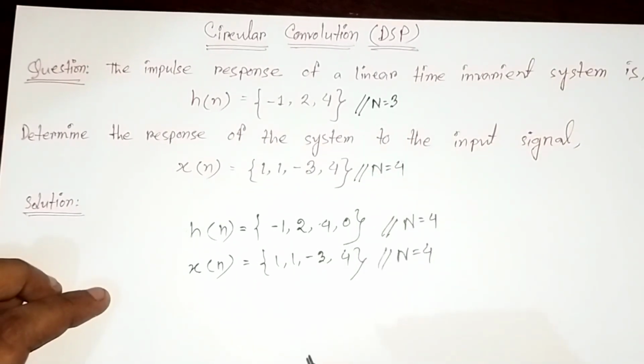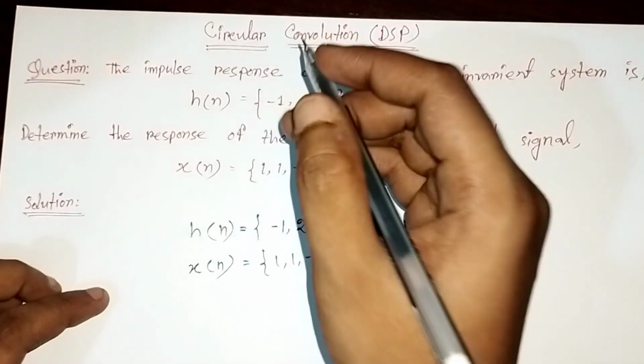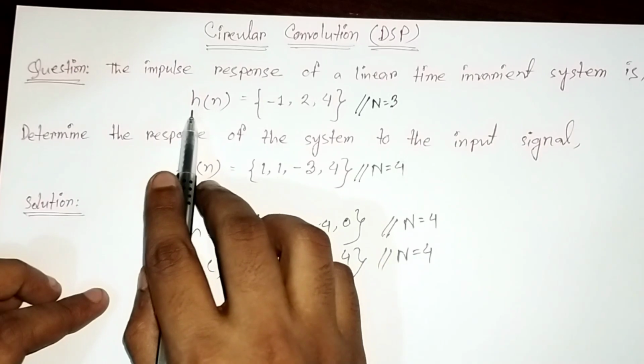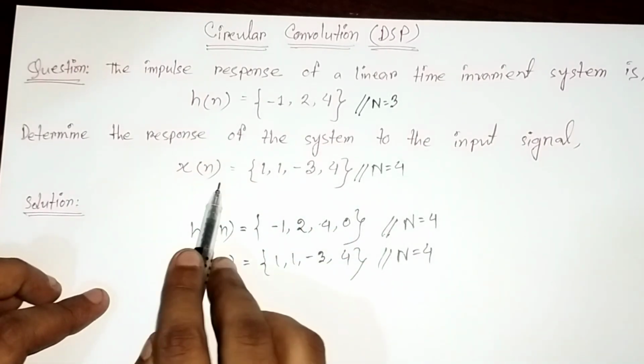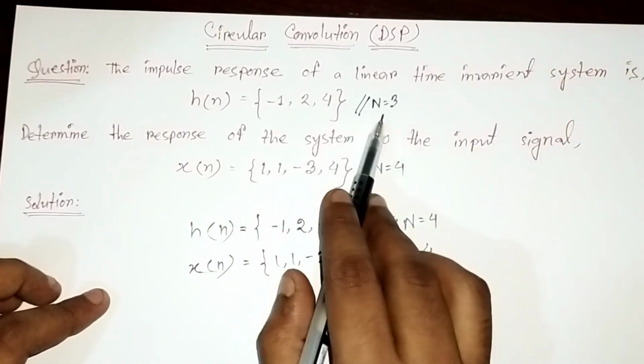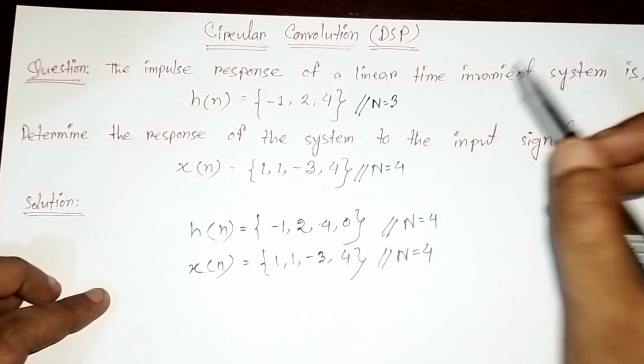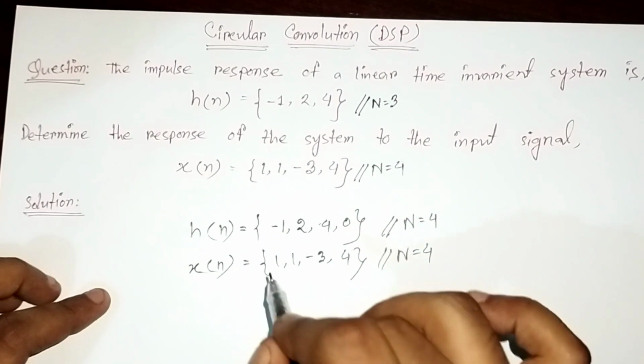Then the second noticeable difference is the length of the output. In linear convolution it is equal to the length of h of n plus length of x of n minus 1. That is 3 plus 4 minus 1, that is 6 in linear convolution. But this is circular convolution.